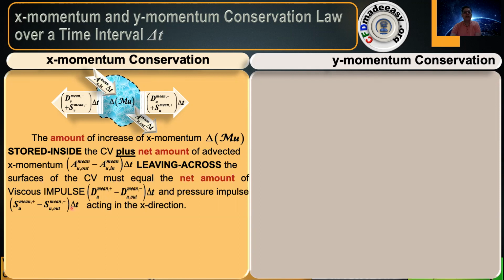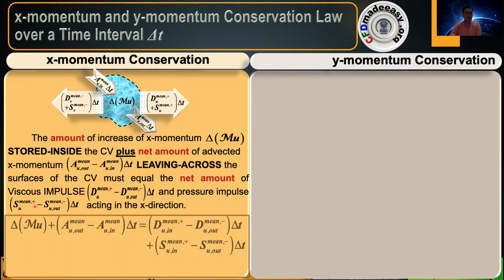To calculate the net, you consider the viscous forces in the positive x direction minus the viscous forces in the negative x direction. Similarly, this is for the pressure impulse. This statement is given in symbolic form using the symbols presented in tabular form for the generalized variable, as this expression, where the bars are expressed as a time average representation.